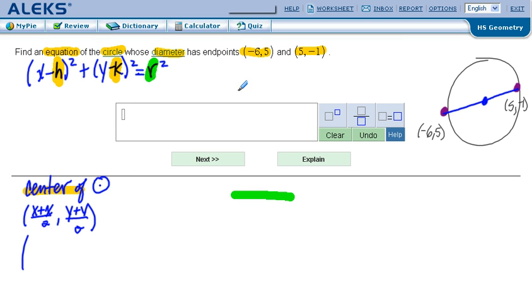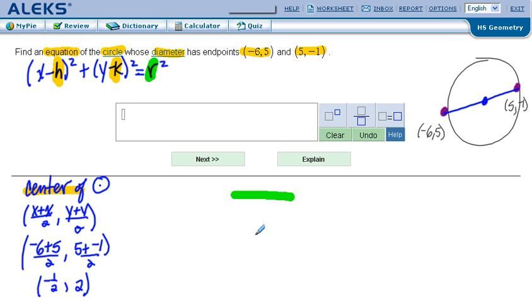So in this case, it's (-6 + 5) divided by 2, and (5 + -1) divided by 2. That gives us -1 over 2, and +4 over 2, so the answer is 2. So our center is (-1/2, 2).